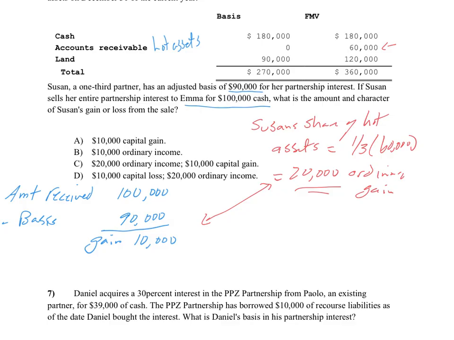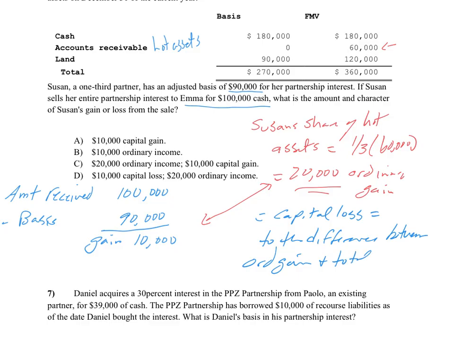So how do we adjust for that? The way we adjust is she has a $20,000 ordinary gain, and she ends up with a capital loss equal to the difference between the ordinary gain and the total gain.